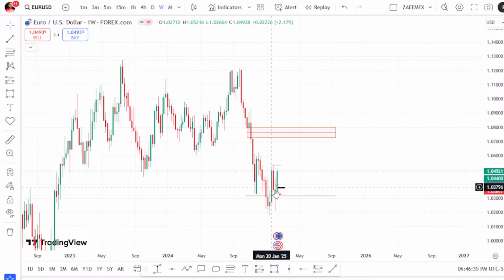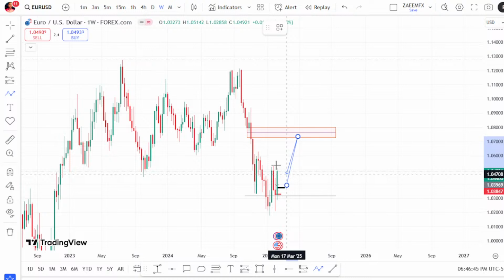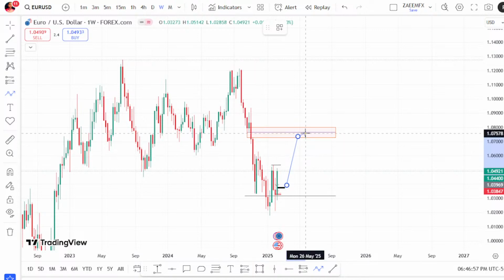Now, personally, what I want to see is the market hit this level and then continue. But the ideal level I'm watching is this. That is the shortest PDR from here. But obviously, this is another point you should be watching for.